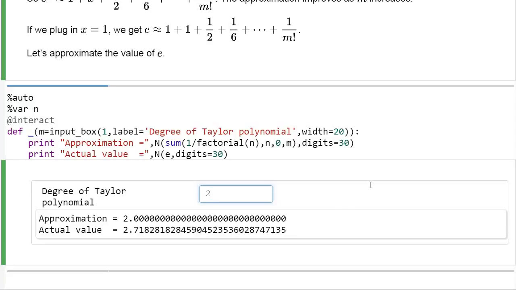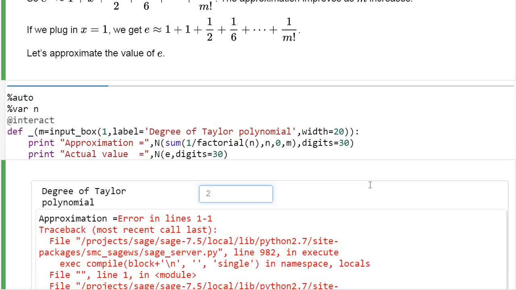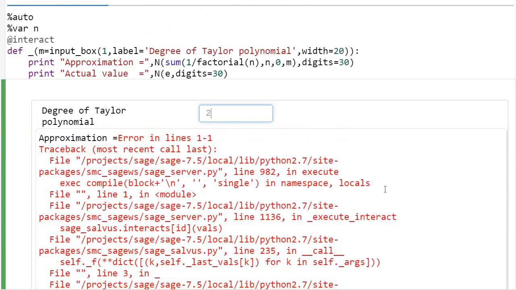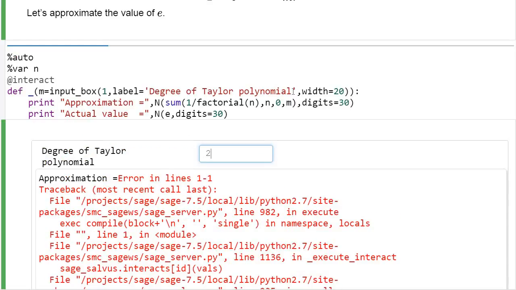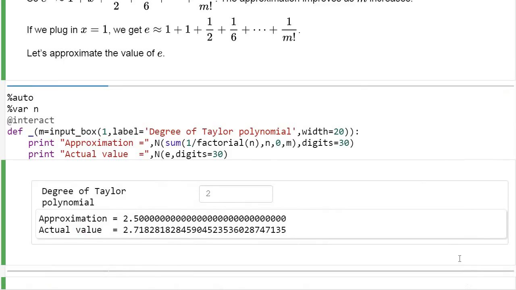If we go to the quadratic approximation, whoops, what went wrong here? Okay. I'm not sure exactly what happened there, but it seems to be working okay now. I just reran this and it seems to have fixed whatever little hiccup was going on there.